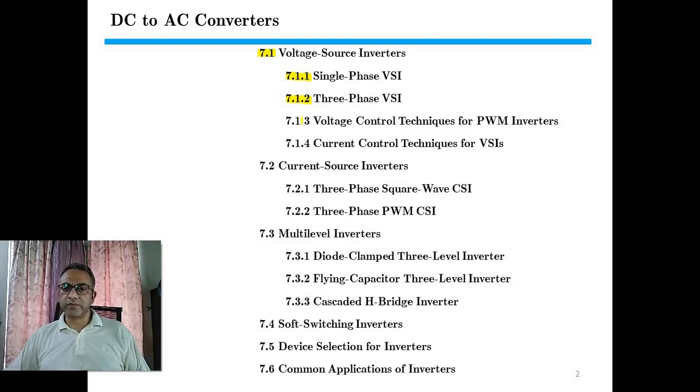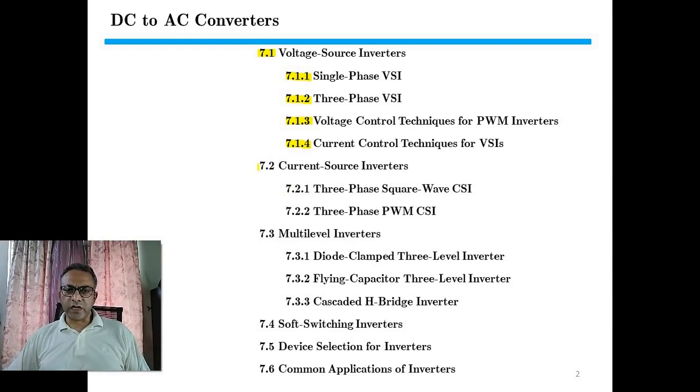voltage source inverters, and article 7.1.3 is voltage control techniques for PWM inverters, and article 7.1.4 is current control techniques for VSI. Then is article 7.2 current source inverters.